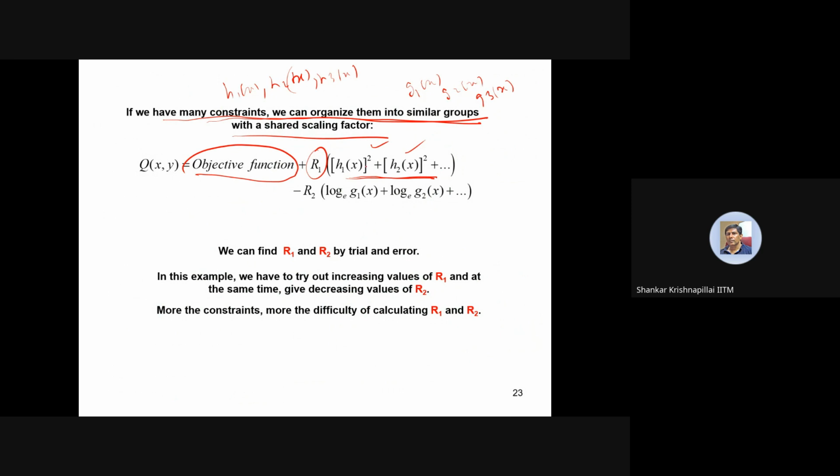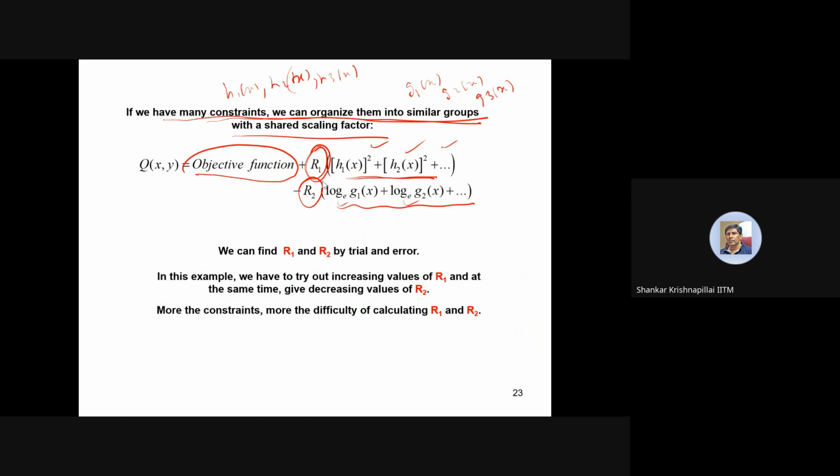So all these equality penalty functions share the same value of R1. Okay, that is important. And then all these inequality constraints, suppose we use the log penalty, they will share the same value of R2.